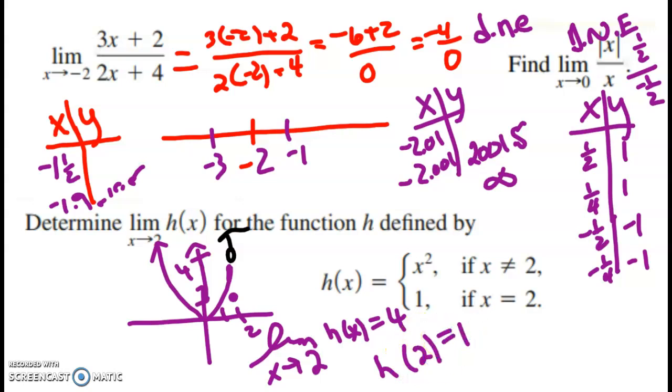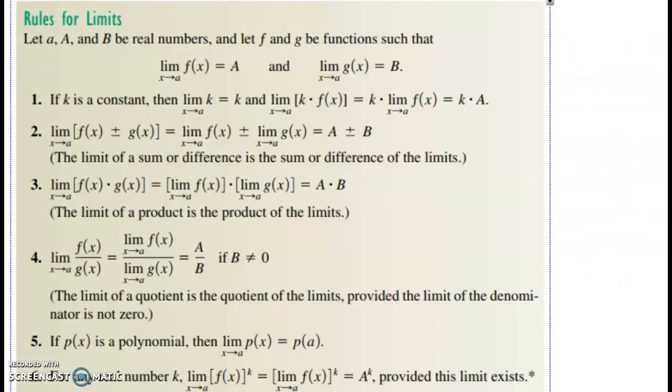The functional value when x is 2 is 1. However, the limit is not. So that goes to another type of limit, no, I'm sorry, that limit exists, but it doesn't actually equal the functional value.